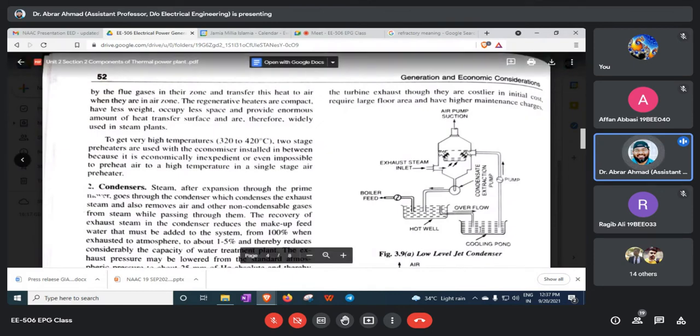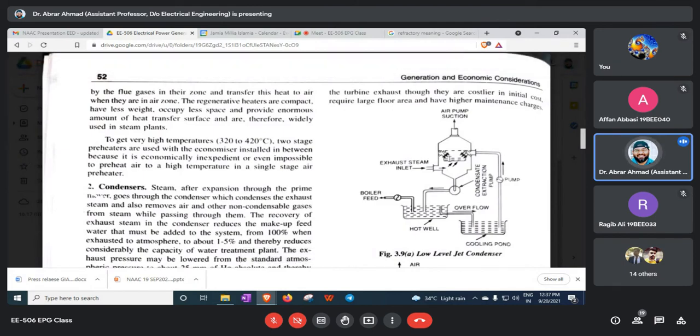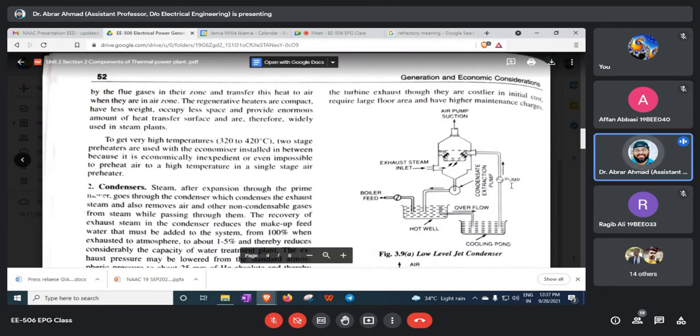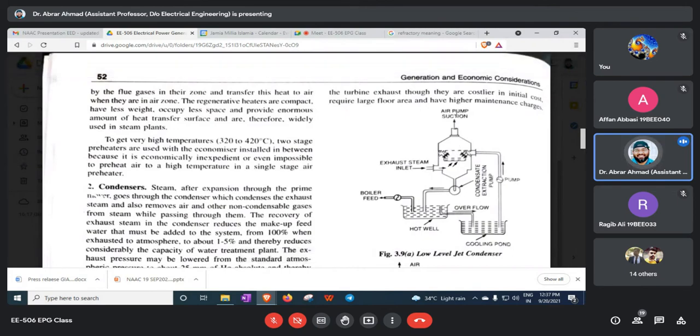So you can see the whole idea is to mix the cooling water with the steam. In a better way, we are simply mixing this cooling water into the exhaust steam, and some air is pumped out.